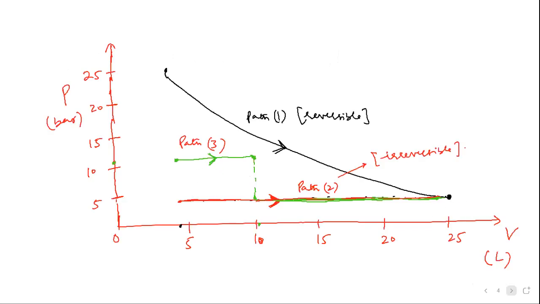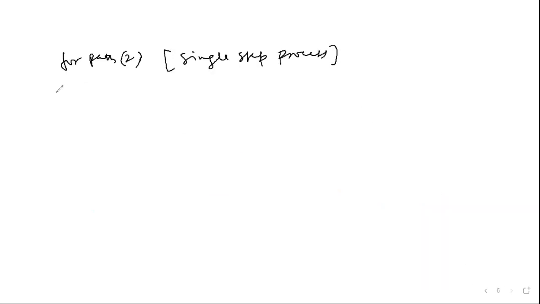The process is taking place at constant pressure. So what is the work? W, I write it single. It stands for work done in the single step process. It is simply the external pressure, because the process takes place at external pressure, times the change in volume.